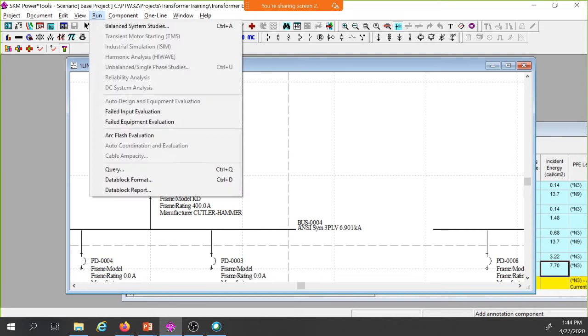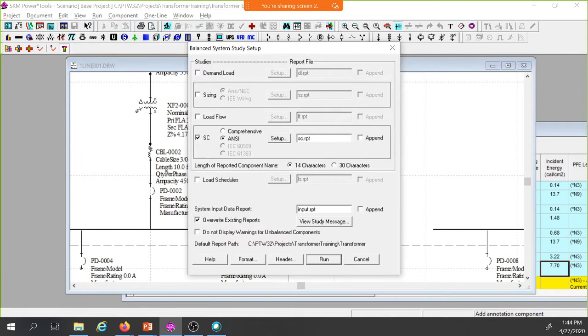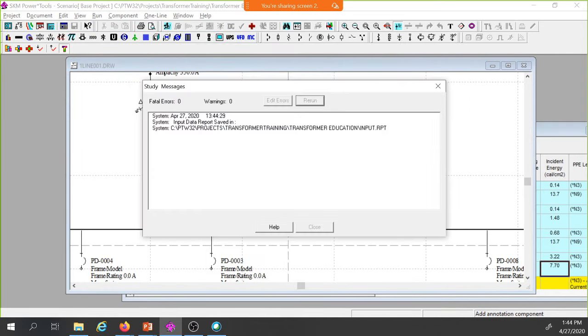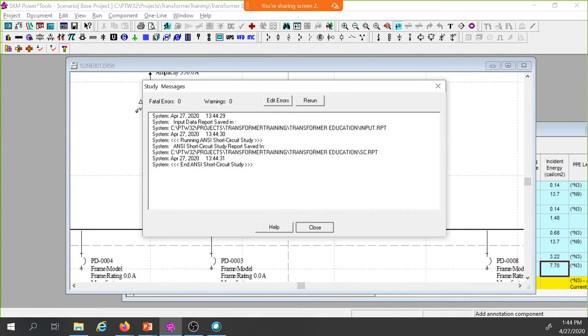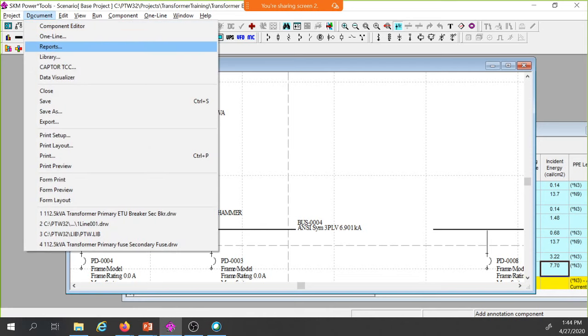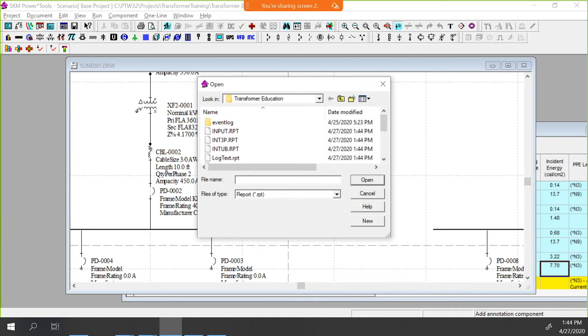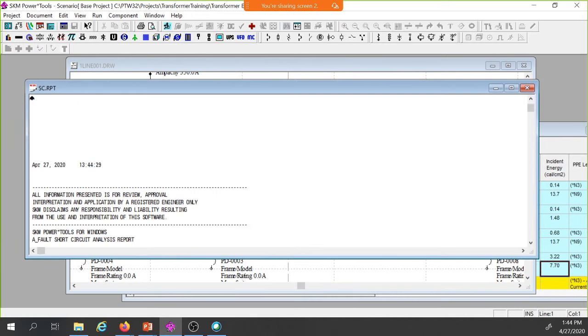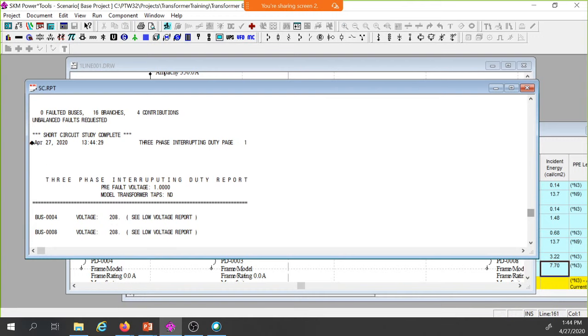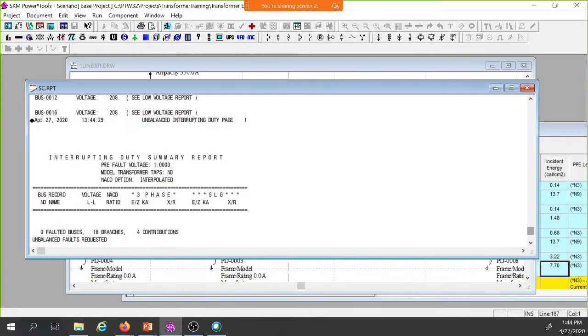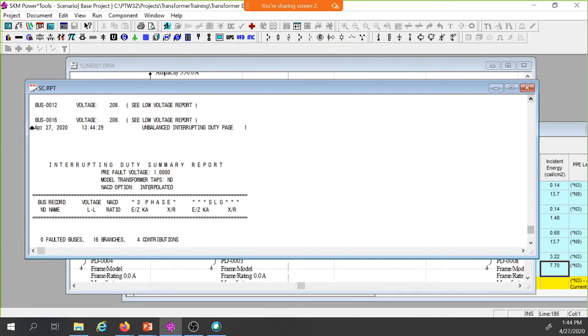Let's take a look at my balance system study. I'm going to run it. 0 errors, 0 warnings. Let's go to my document and go to reports. Go to my short circuit. That's bus 4. I'm going to go to short circuit, and we're going to go down to the summary on bus 4.